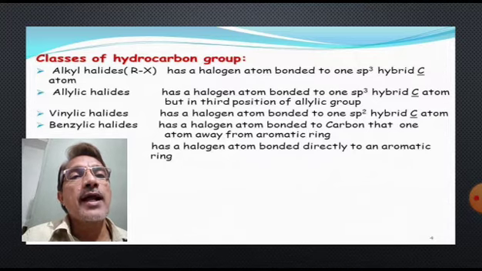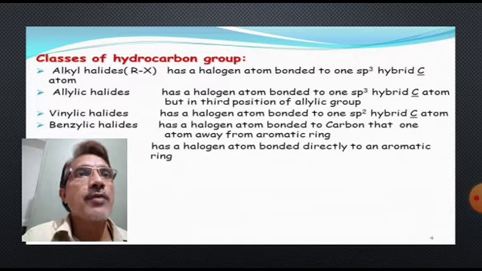In all alkyl halides, the halogen atom is bonded to one sp3 hybridized carbon atom. You can take an example, CH3-Cl, that is methyl chloride.